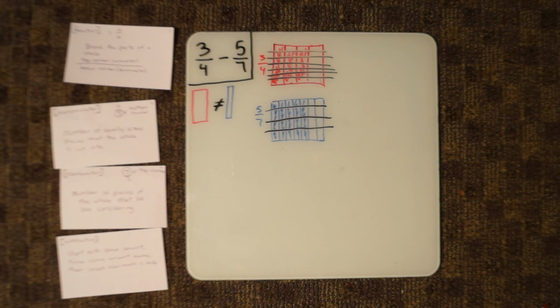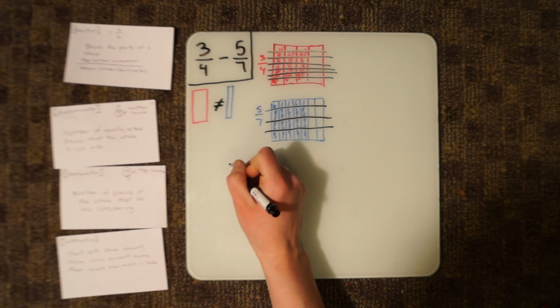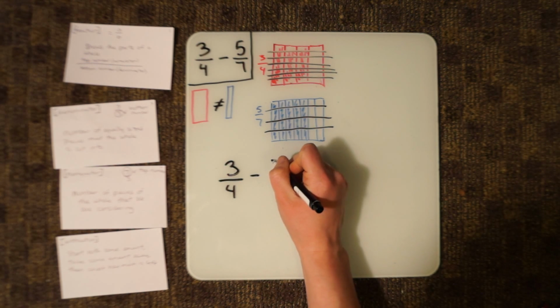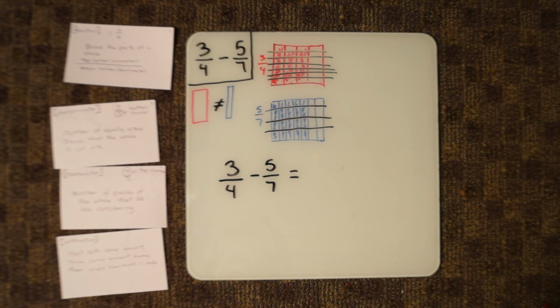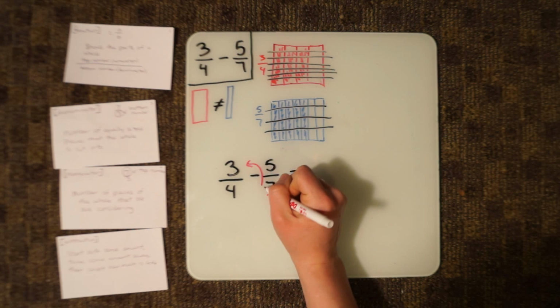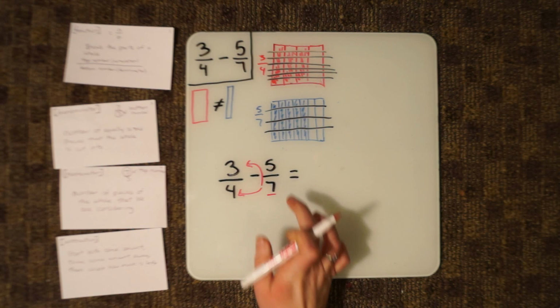So, without the drawing, you can find a common denominator by writing out your equation. And then you multiply both the numerator and the denominator of the opposite fraction by the denominator of this one.